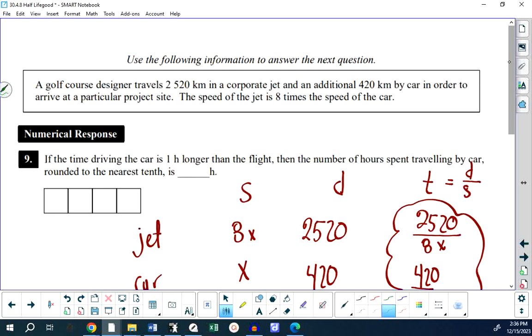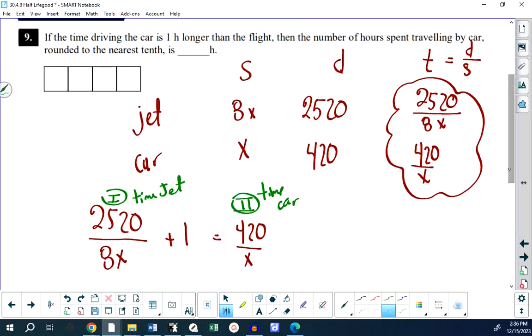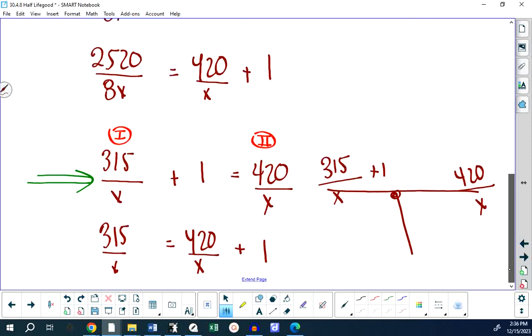It's a large numerical value. And that means that this is bigger. It's a longer time. So I'm still taking this balance approach that the 420 over x is heavier, mathematically speaking, than the 315 over x, so I have to add the 1 to the other side. And by the way, it was an hour, and this is kilometers and kilometers per hour, so we're okay.